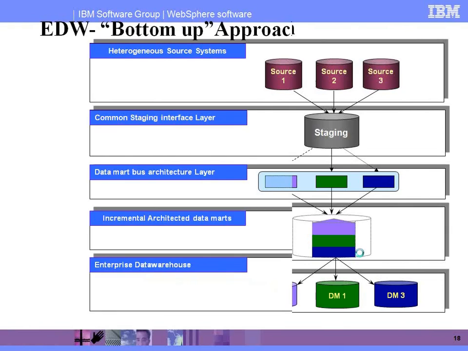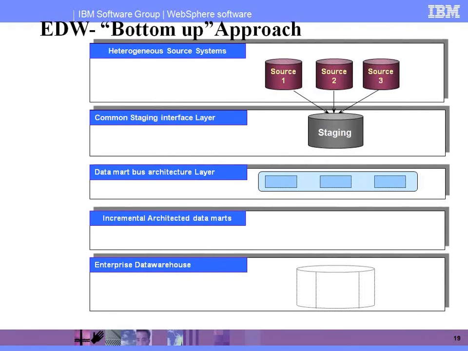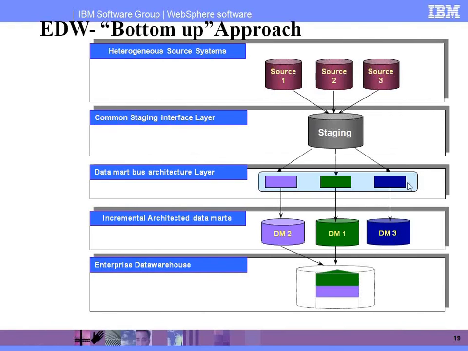Then we physically create the data marts on our database, and finally we load the data into the warehouse. So in the bottom-up case, we create the data marts in parallel with, or before, loading the data into the warehouse. This type of approach can also be seen in some projects implementing a data warehouse.